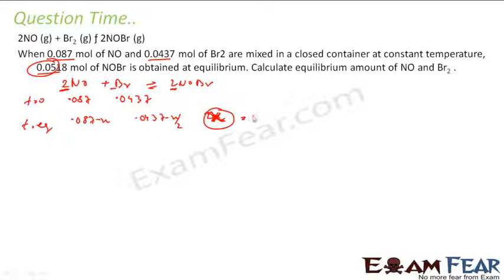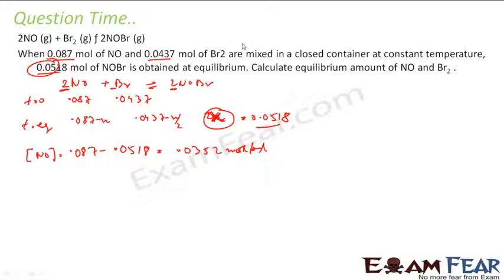And the value of x is given. That is 0.0518. So if x is given, I have everything. Concentration of NO is what? 0.087 minus x, that is minus 0.0518. That is 0.0352 moles per liter. Liter is not given, moles I can just say.